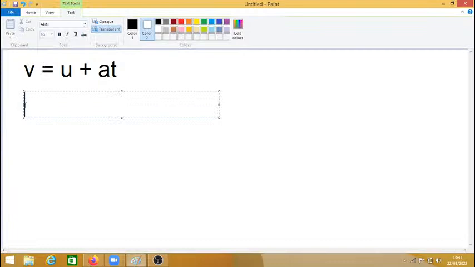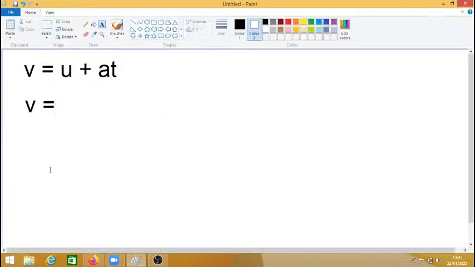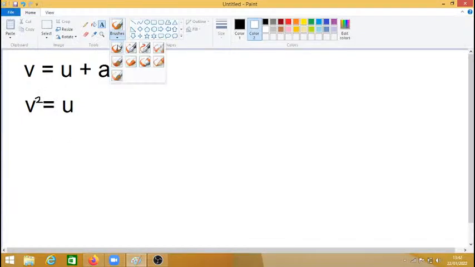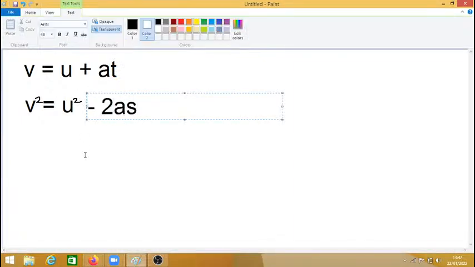Next one is to do with velocity again, but this time the formula starts off with velocity squared. This is a good formula because it avoids time. Sometimes you don't know how much time has been taken by the object. So velocity squared is equal to initial velocity squared plus 2as.